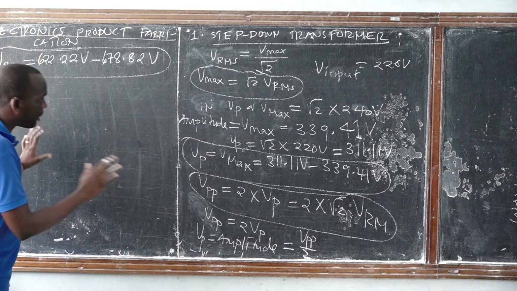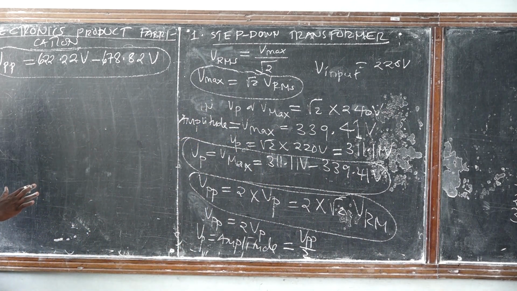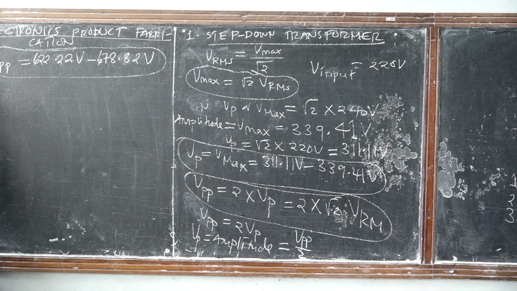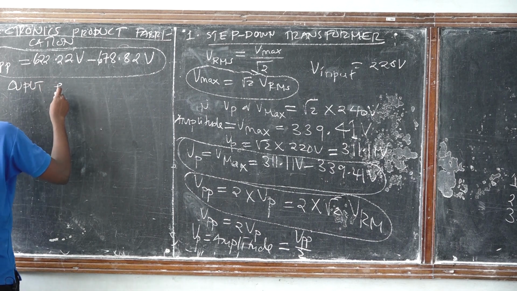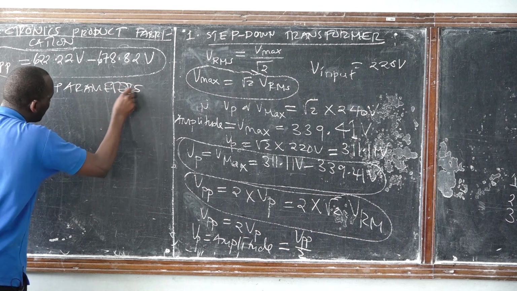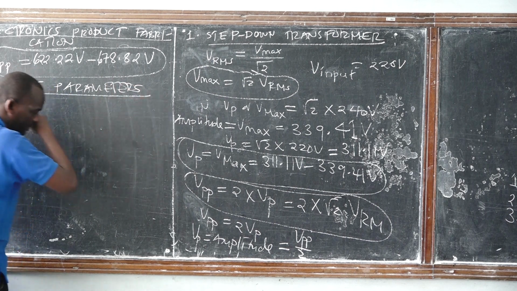So, that is all about input. Then you have different values, but the important parameters for the input are just the root mean square voltage, maximum voltage, and frequency. Now we are going to the output parameters. It's very simple to understand because we're still dealing with the same parameters.